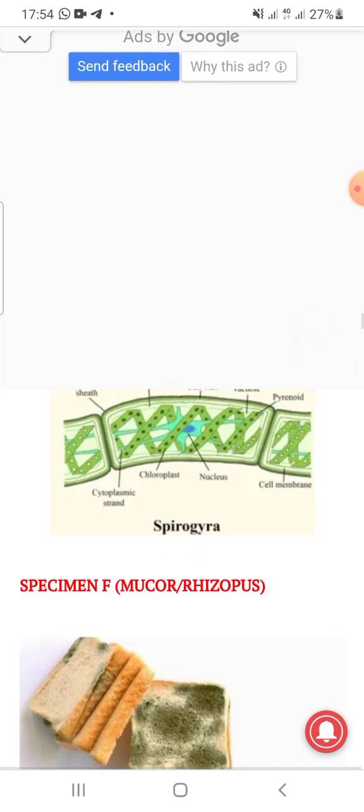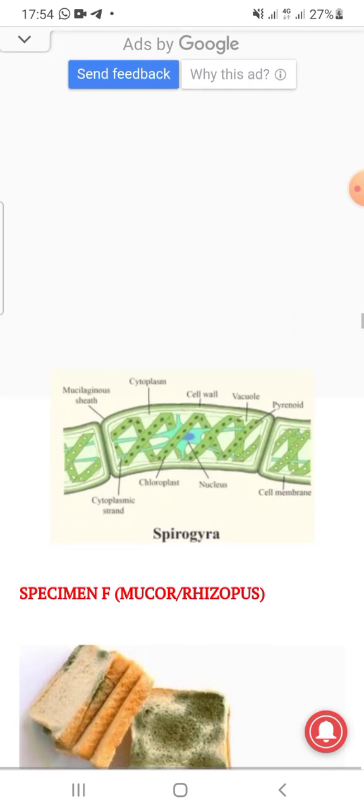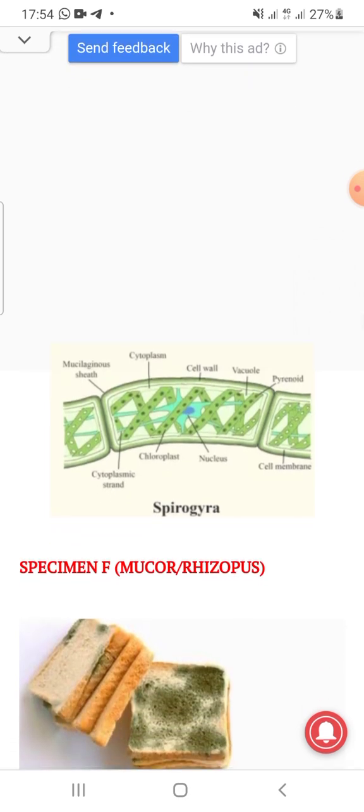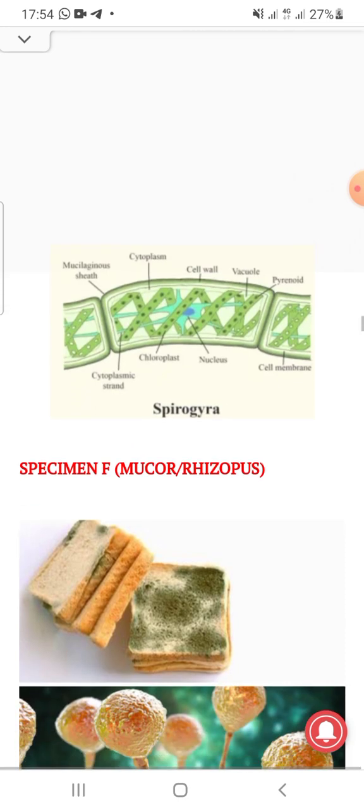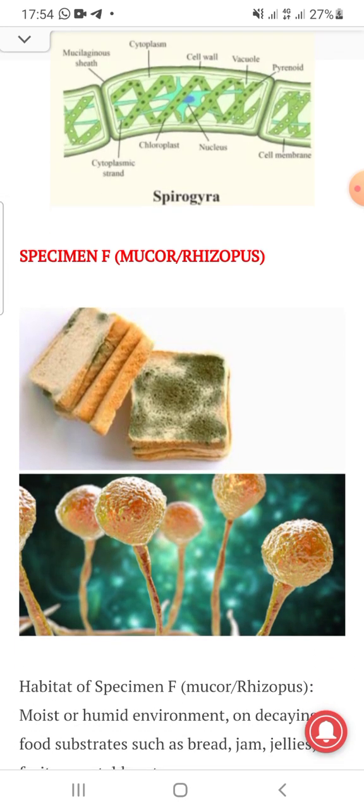So this is the labeled diagram of specimen E, which is spirogyra. So you can see it here. So let's move over to specimen F, which is mucor or rhizopus.